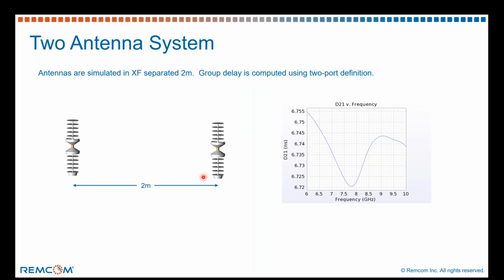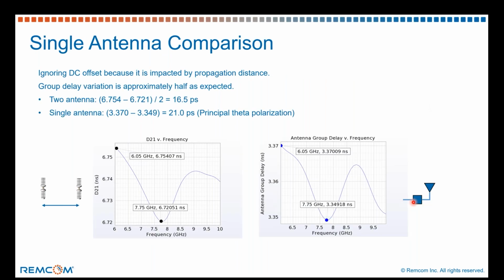We separated them by 2 meters, and there's a port on the transmitter, a port on the receiver, and we can use the traditional group delay metric that's available in XF for that 2-port definition. So this is the group delay that we measured versus frequency, just as a baseline. And then we moved on to, well, all right, if we just wanted to look at group delay for a single antenna, then let's do a comparison there.